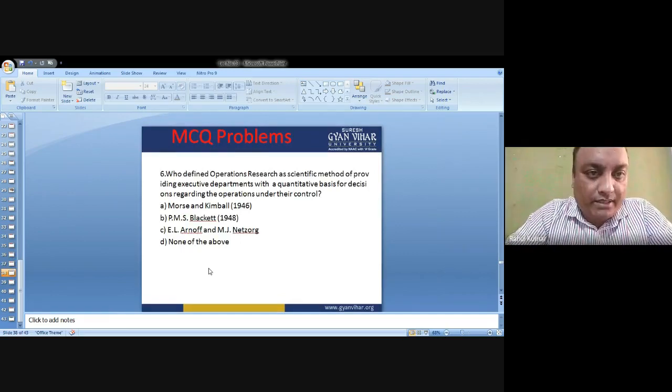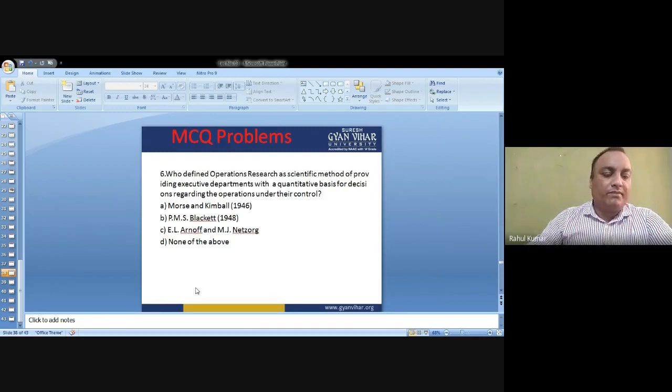Who defined operation research as a scientific method of providing executive departments with the quantitative basis for decisions regarding the operations under their control? Means, which person said that?